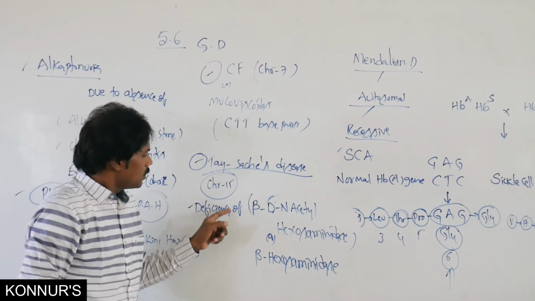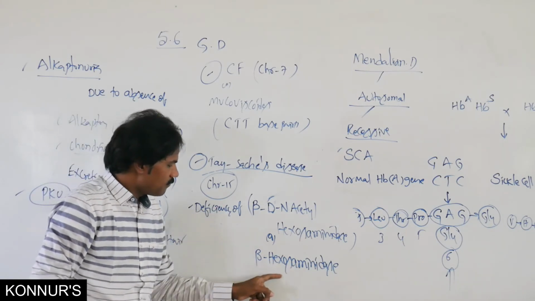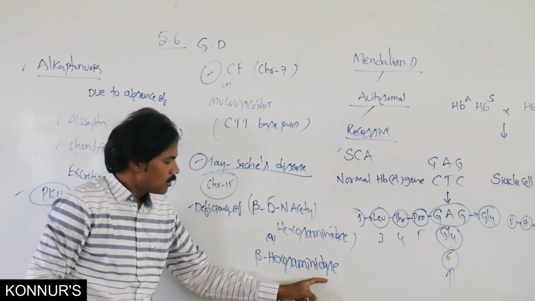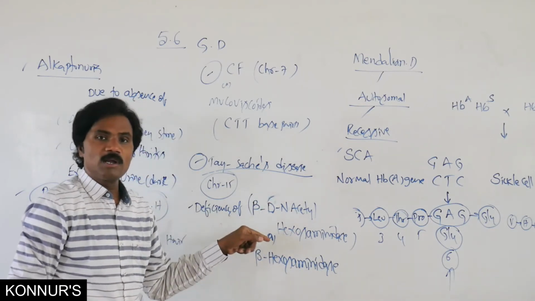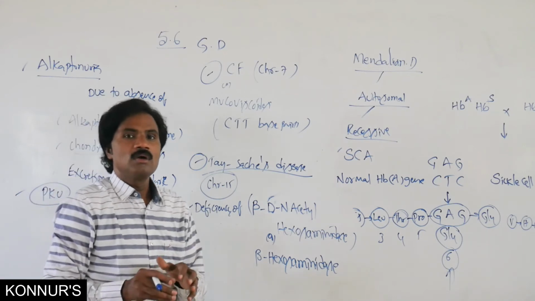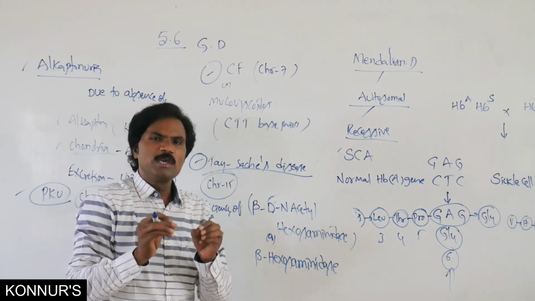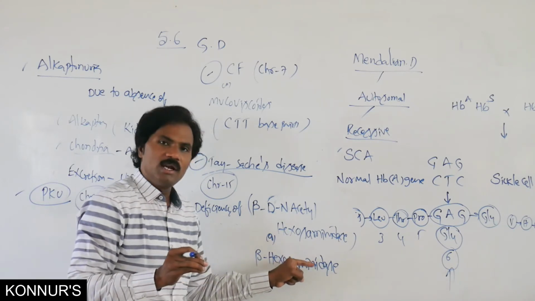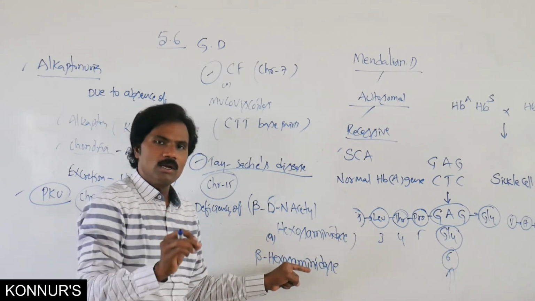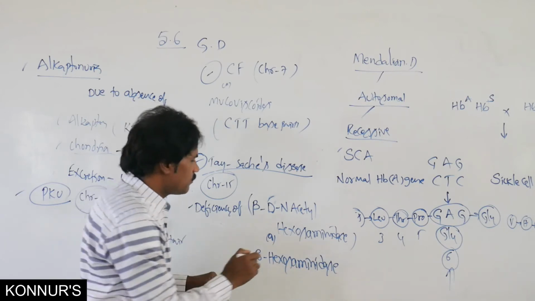Because of the deficiency of this beta hexosaminidase, it cannot break down sphingolipids. Beta hexosaminidase helps to break down sphingolipids.